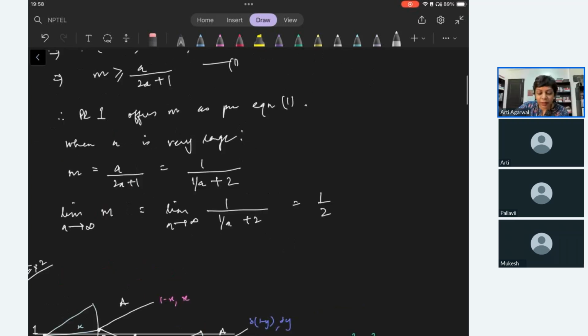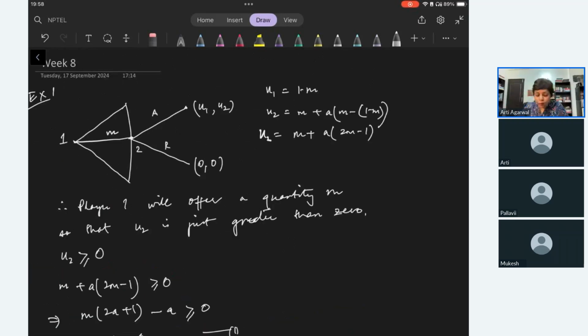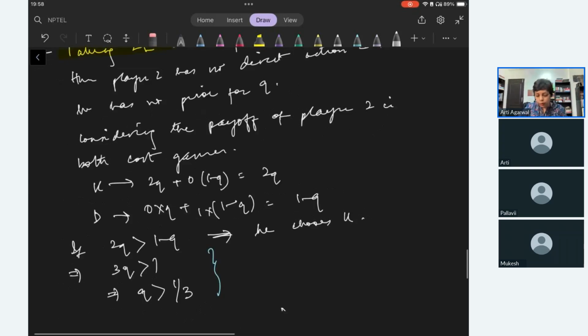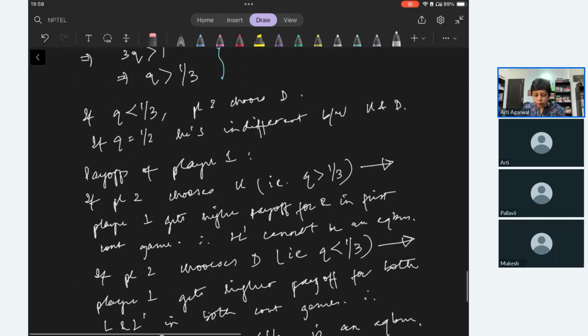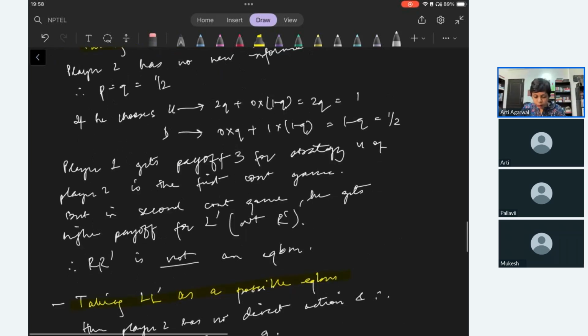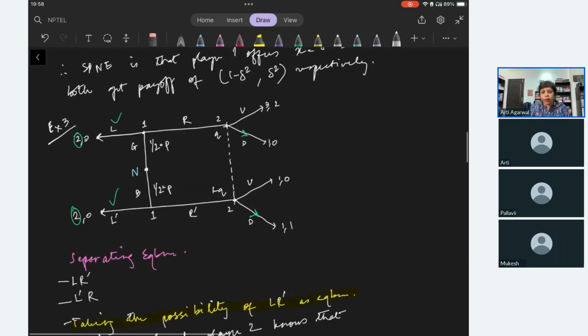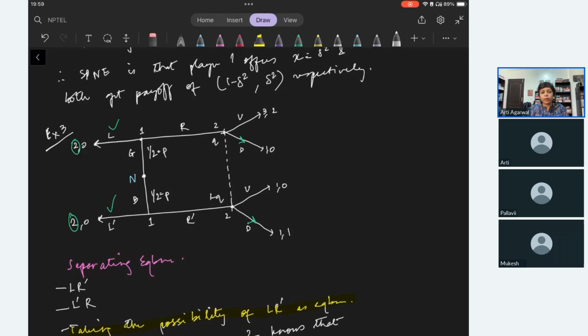Funny enough. So let me just think over it, because it only just occurred to me that we have not taken the case of Q equal to 1 by 3. And I am a little bit unsure of what happens if Q is equal to 1 by 3. Because if player 2 gets indifferent between choosing U and D, then what happens to the payoff of player 1?